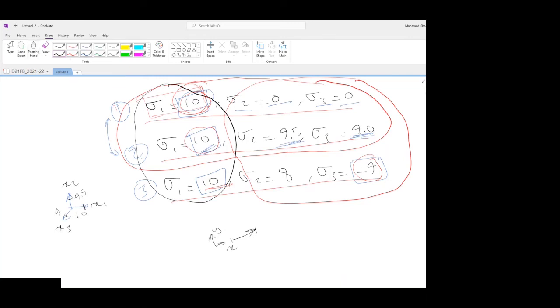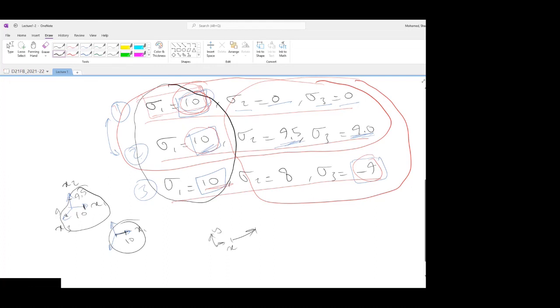If you look into the other case, it would only have a magnitude in the x1 direction, and this is going to be 10. Now, this amount of stress is significantly larger than this amount of stress. So you cannot disregard that completely and design your structure just by picking this 10.